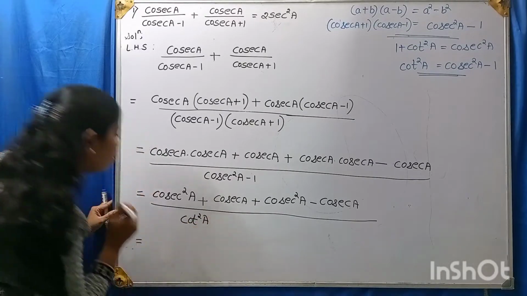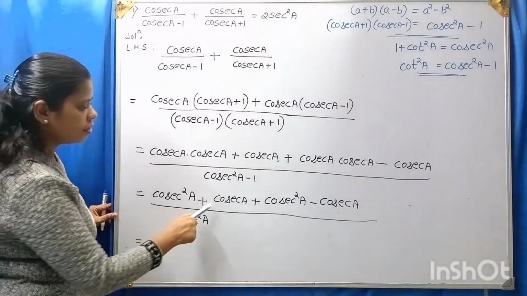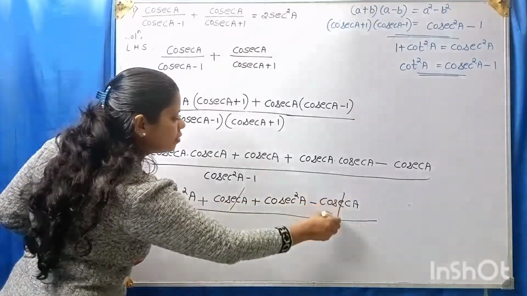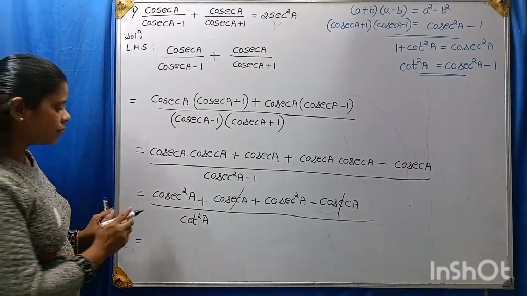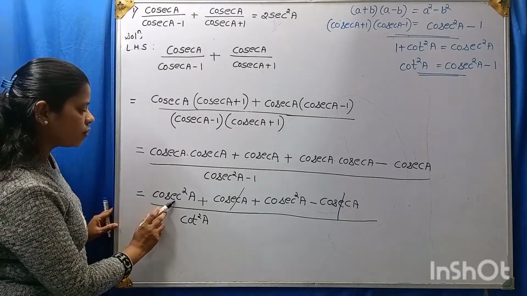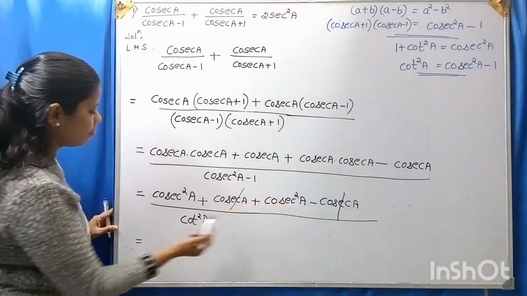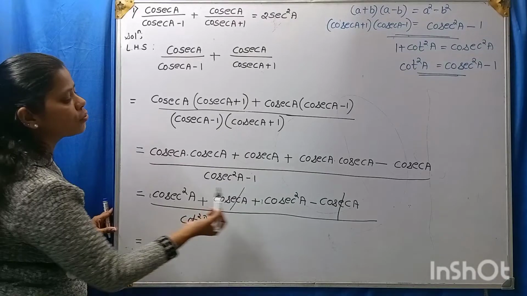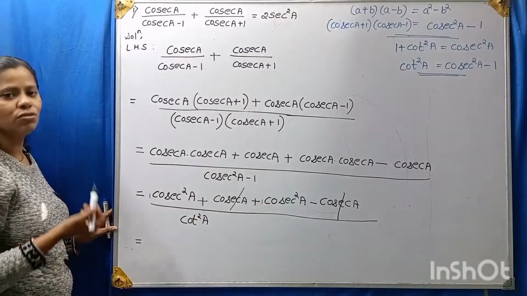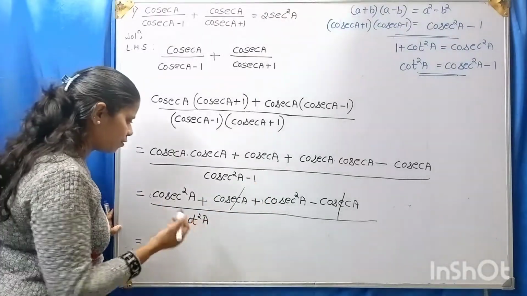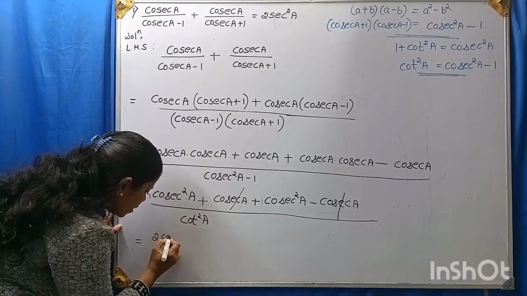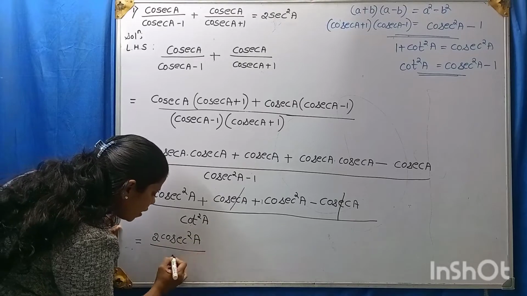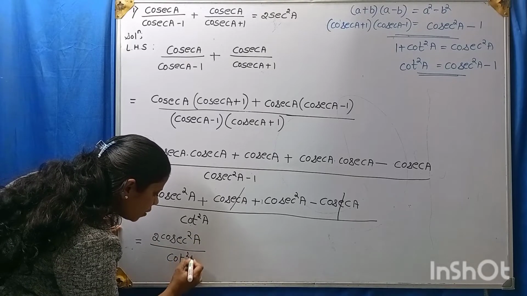Okay. Now look at this carefully. Plus cosecant A minus cosecant A will get cancelled. Then what is left? 1 cosecant square A plus 1 cosecant square A. Nothing is written, so we consider it as 1. It will become 2 cosecant square A, because 1 plus 1 is 2, divided by cot square A. Okay.